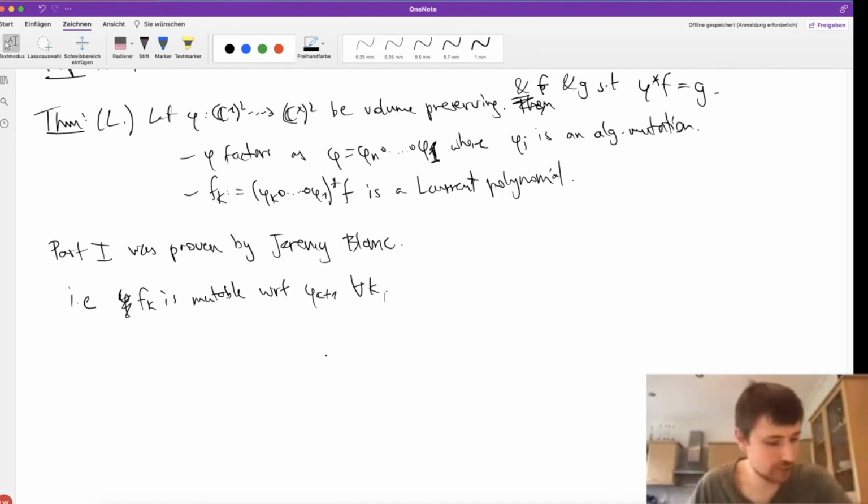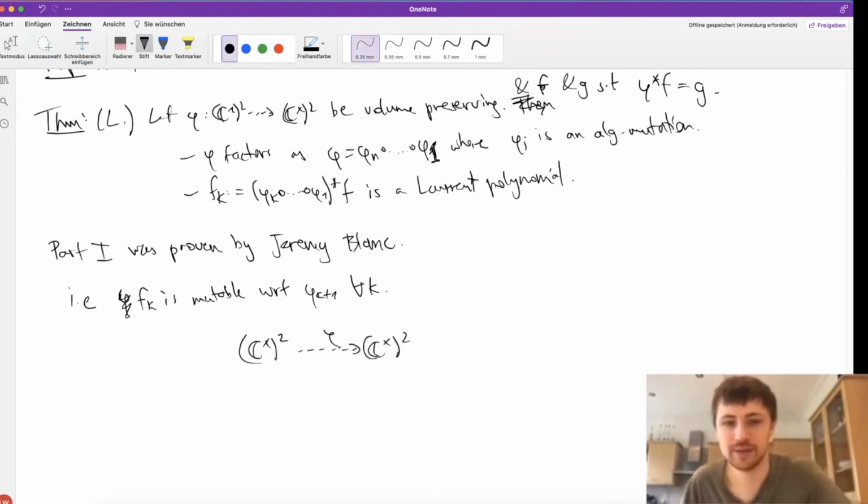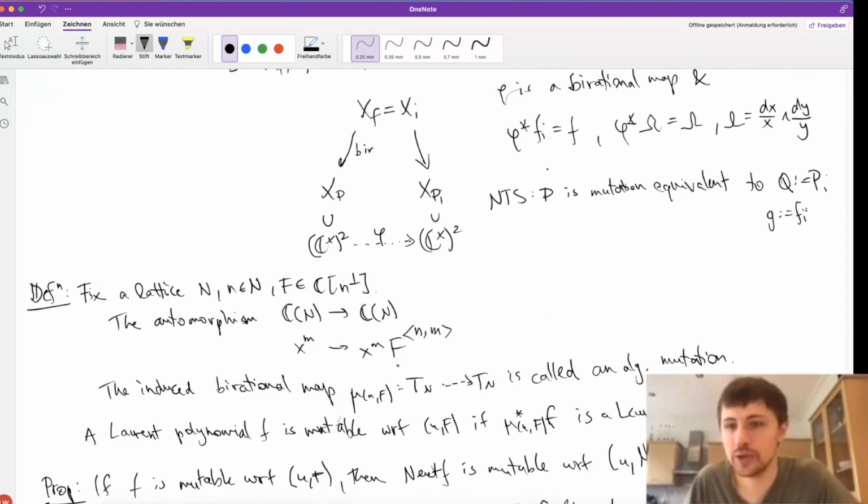And now comes the punchline finally. So we have our map here. We know that f pulls back to g, and it's volume preserving as well. Now I factor it like this. So I have my first torus here, and I guess I should draw it like this, up to phi n.